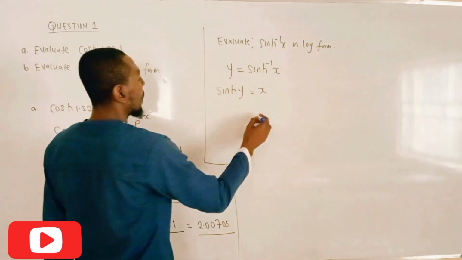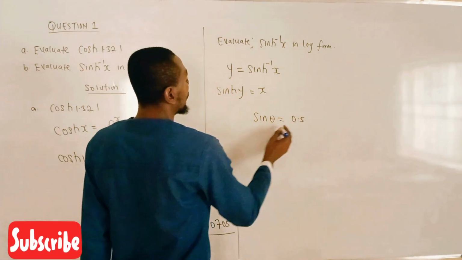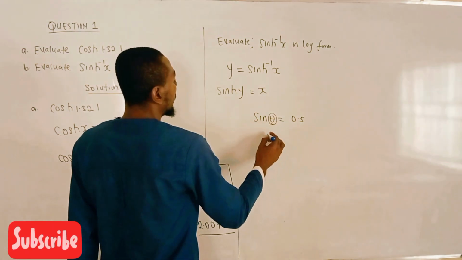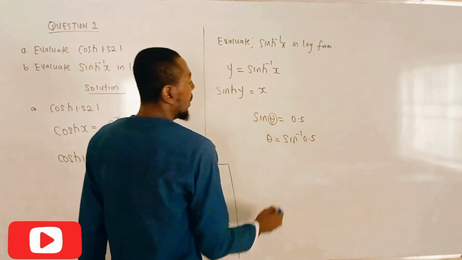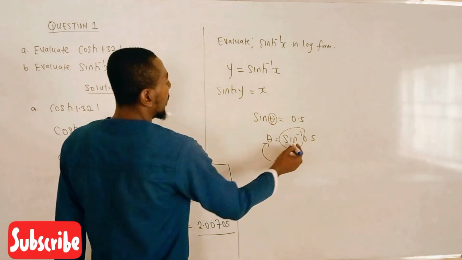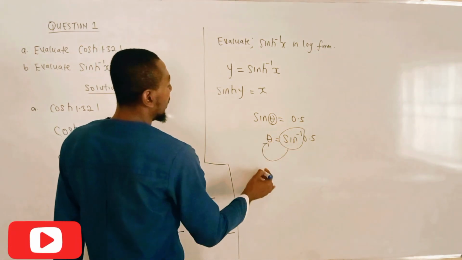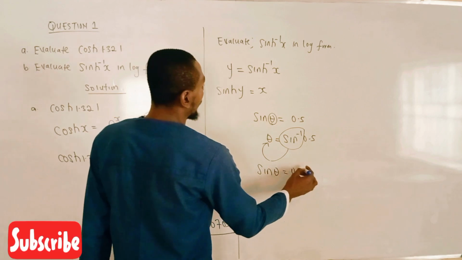Just as when you say sin theta is 0.5 and you want to find theta, theta is equal to sin inverse of 0.5. If the sin inverse crosses back, it changes to the original form, sin theta equal to 0.5.